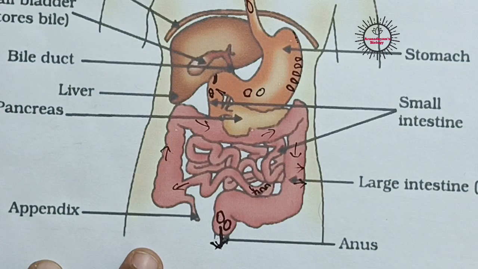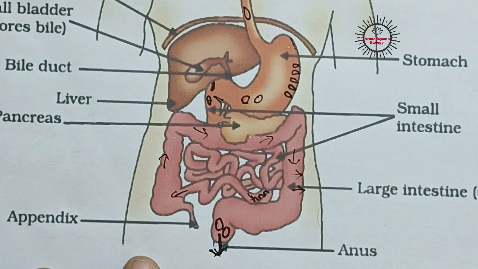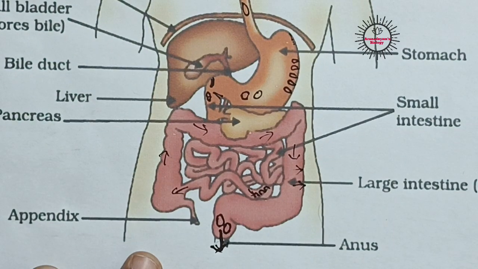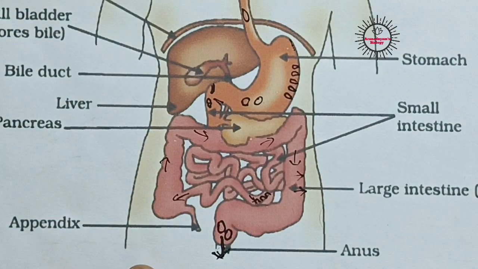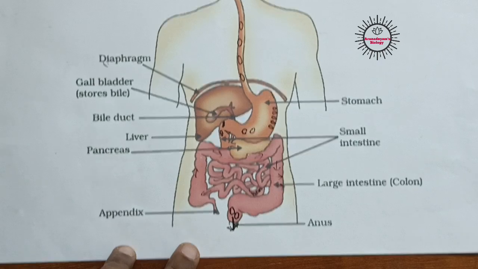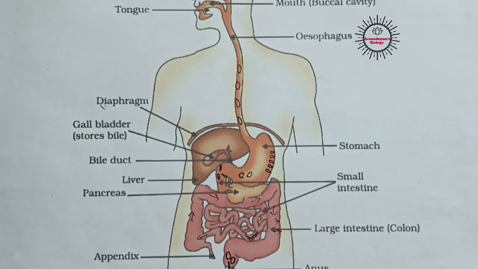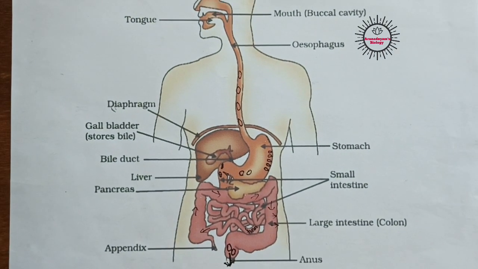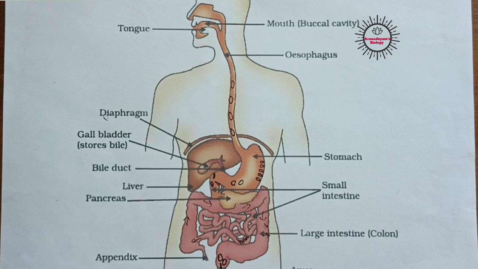That process is called defecation. Defecation means removal of fecal matter. So this process takes place when the anal sphincter opens. That is how digestion of food takes place in our body, and waste materials get rid of our body. So this is nutrition in human beings.